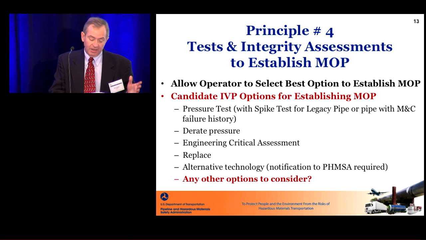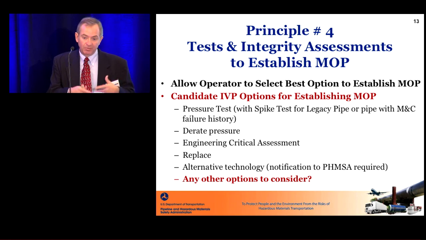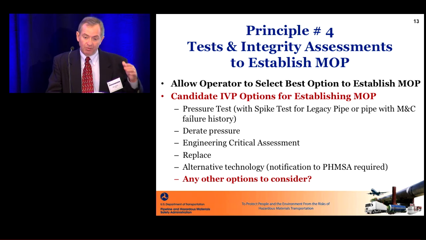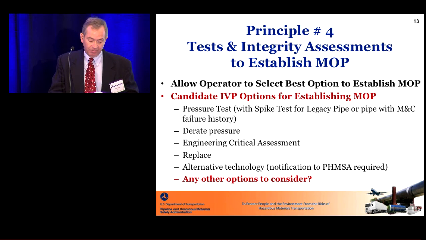But again, if you're pressure testing and you're doing a spike test, and you've got legacy pipe, which I'll give you a definition of from gas transmission a little later, or if you've got manufacturing and construction defects with a failure history, what should that spike test be? And not only duration, but pressure.